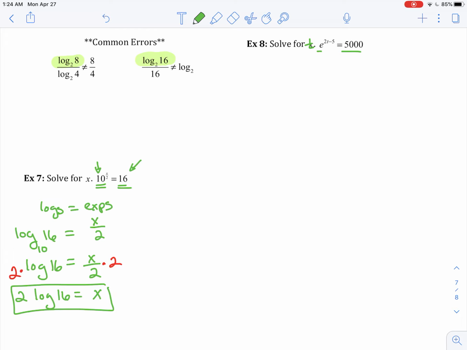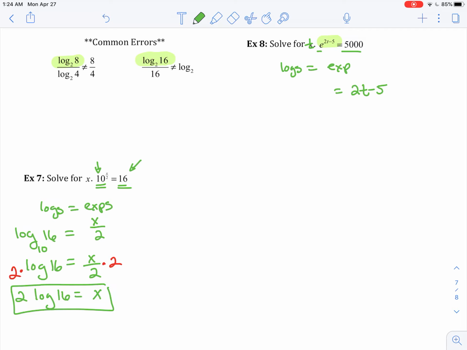We cannot rewrite 5,000 with a base of e, but that's okay. We can switch it to log form. We're looking at an exponential form, and recall that logs are equal to exponents, and our exponent is the 2t minus 5.